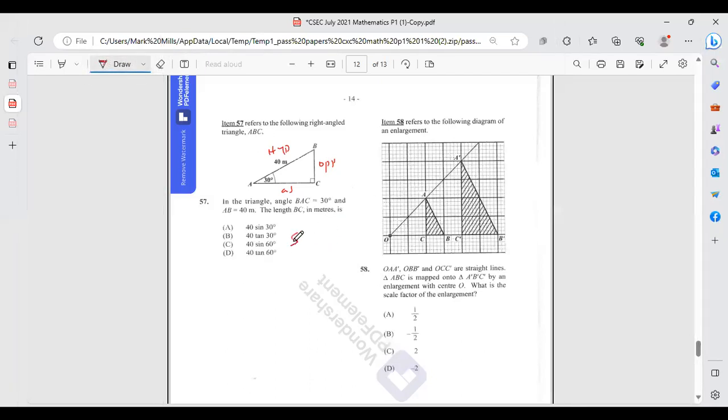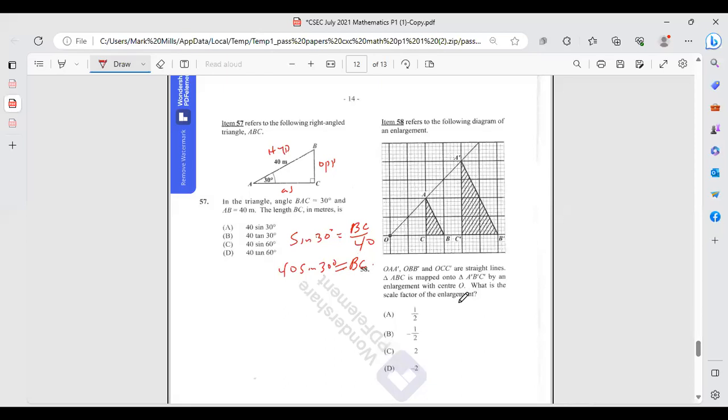Sine 30 is equal to BC over 40, right? Then it's 40 sine 30. It's equal to BC. All right.